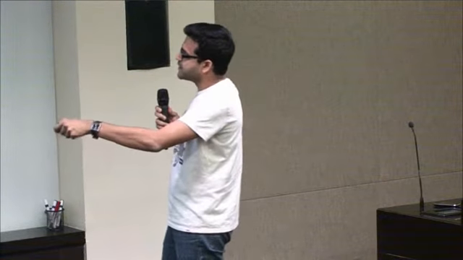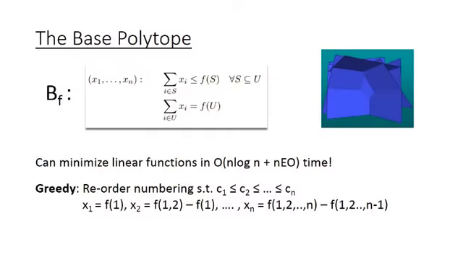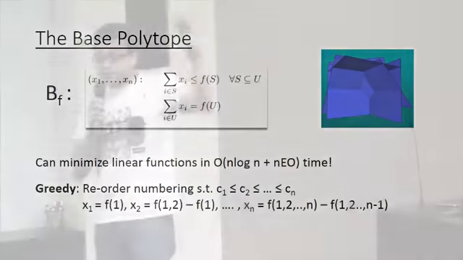So it's some geometric object with 2 to the n constraints. It's really ugly looking. This is a picture due to Nick Harvey in 3 dimensions, I guess. So why is it nice? Because it has this fascinating property that if you want to actually minimize or maximize a linear function over this 2 to the n faceted polytope, then you can do that in almost linear time.